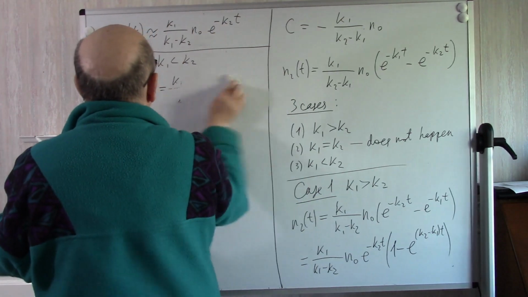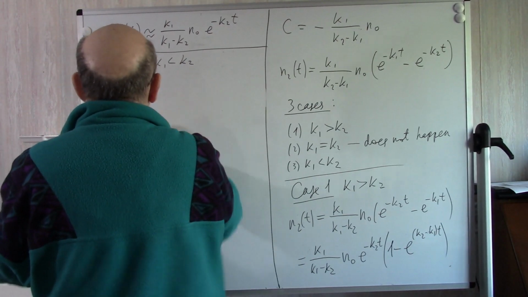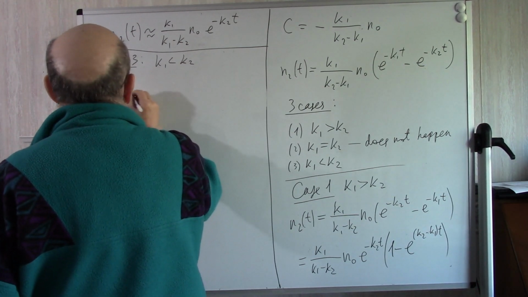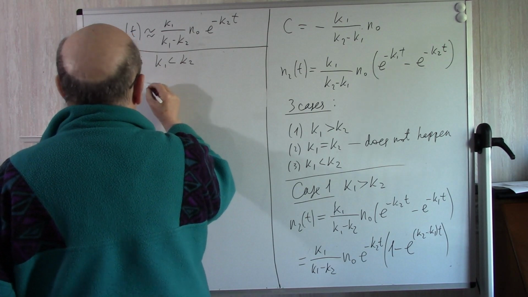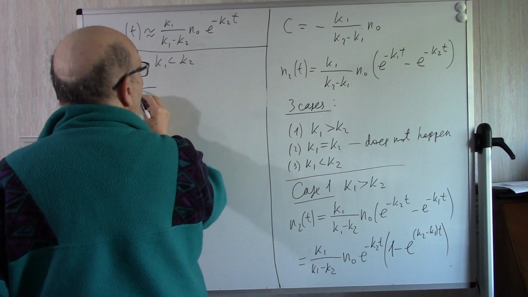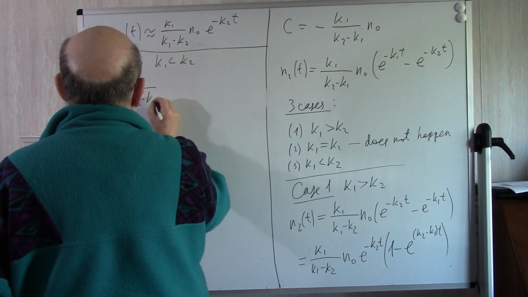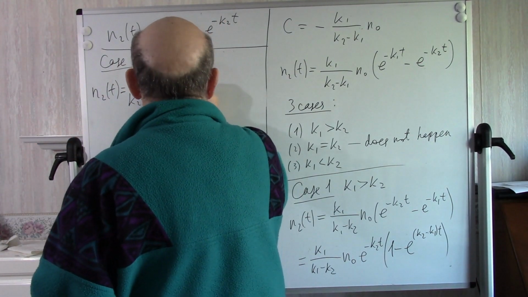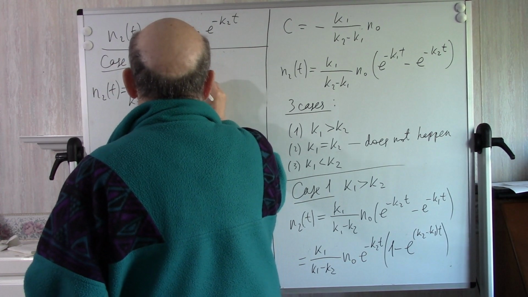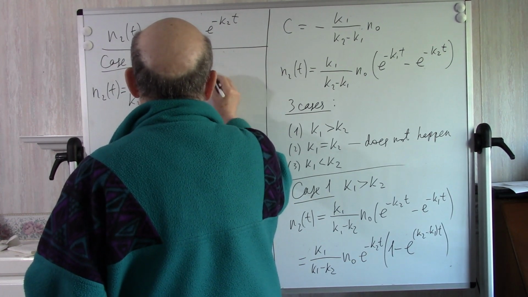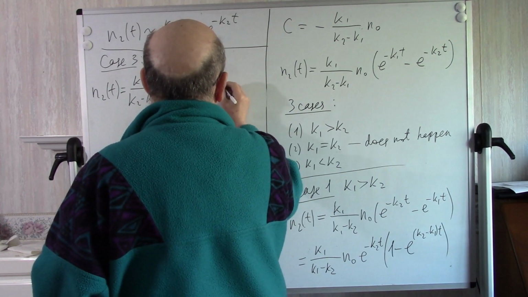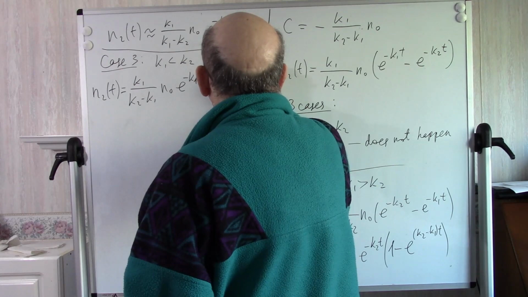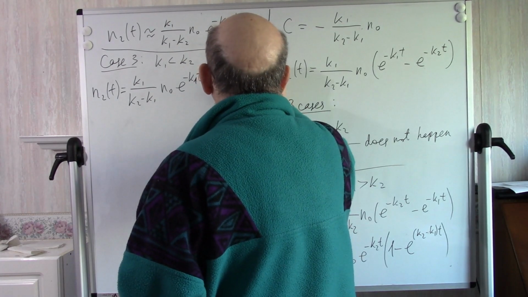One moment. N2 of t equals K1 over K2 minus K1 and N1(0), e to the minus K1t, times 1 minus e to the minus (K2 minus K1)t.